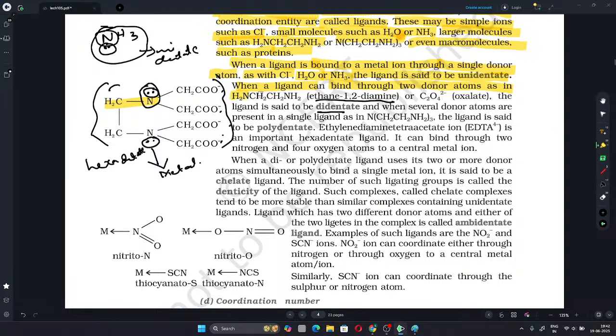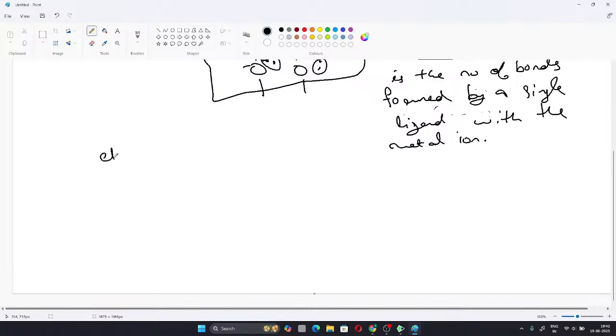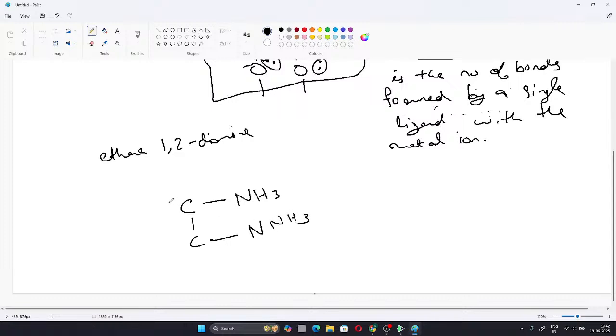In the case of ethane 1,2 diamine, these lone pairs can form two bonds.